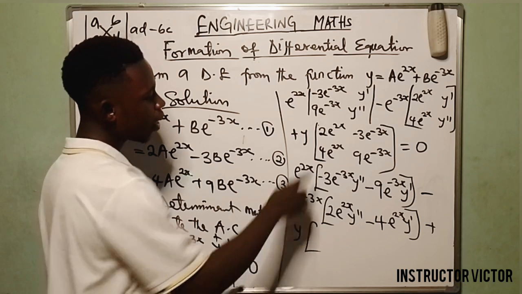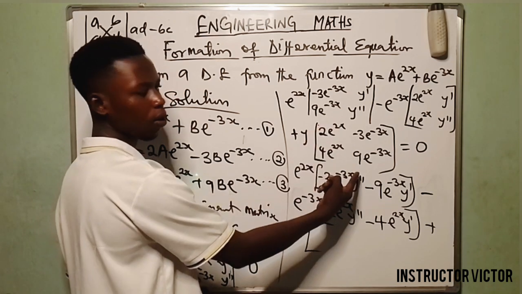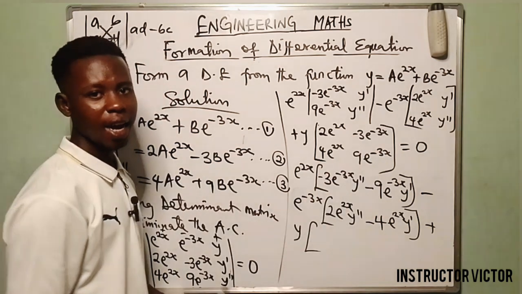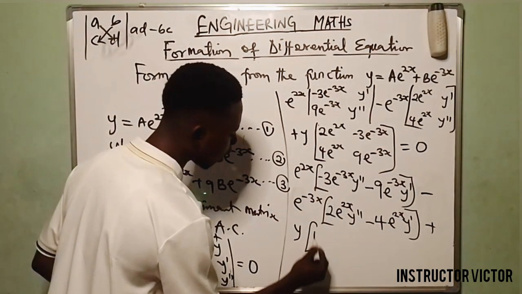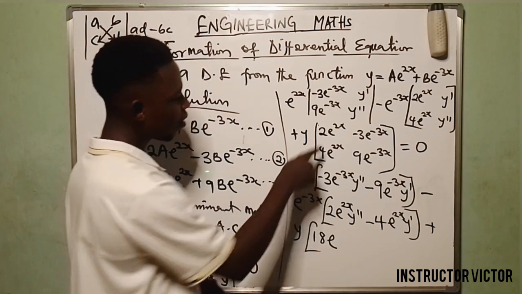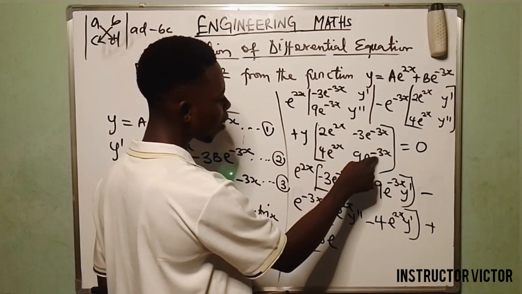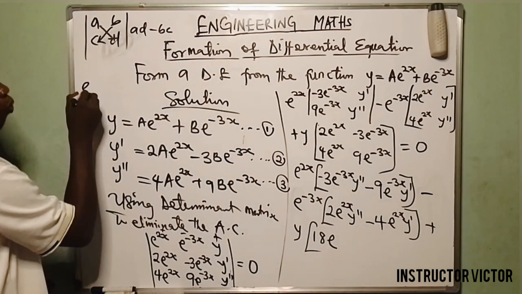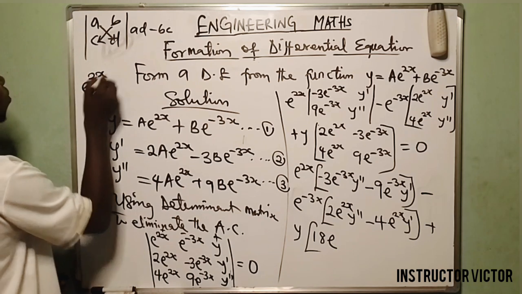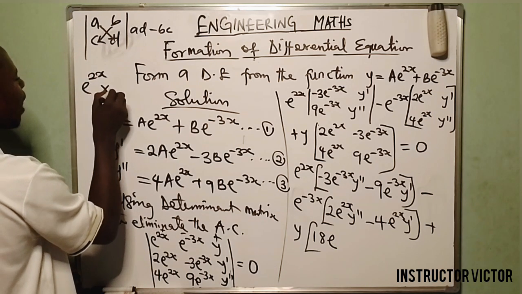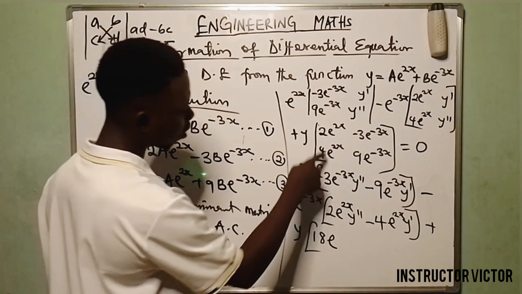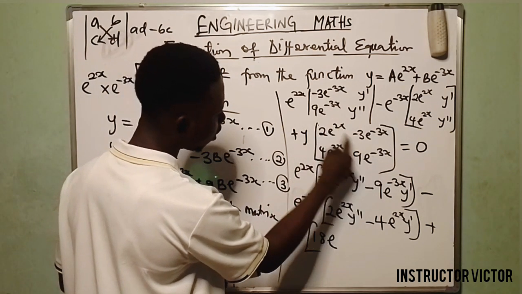Now for plus y, 2 exponential 2x multiplied by 9 exponential minus 3x. Now you have 18. This is exponential 2x and this is exponential minus 3x. Now exponential 2x multiplying exponential minus 3x, I'm only factoring out the exponential, this and this.